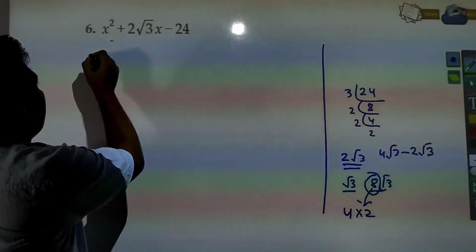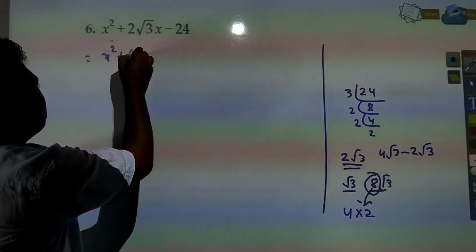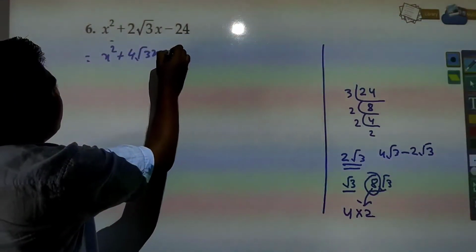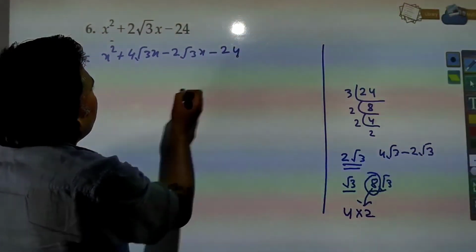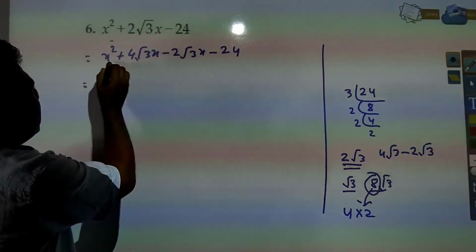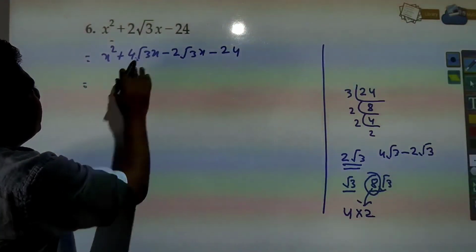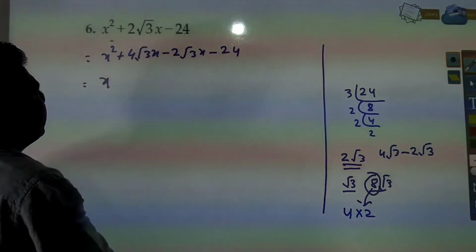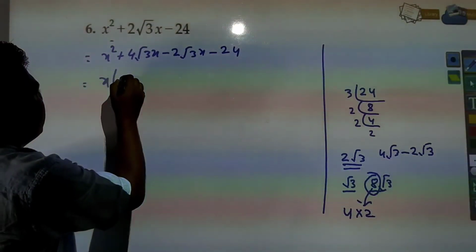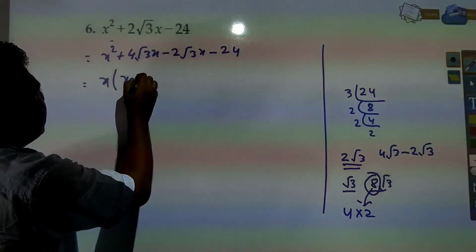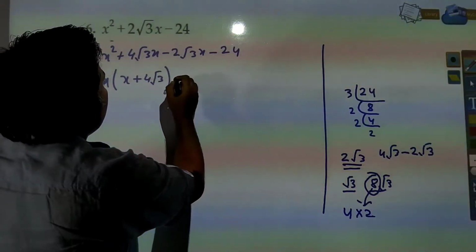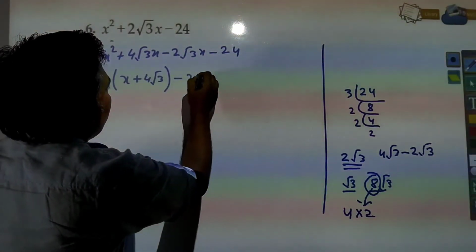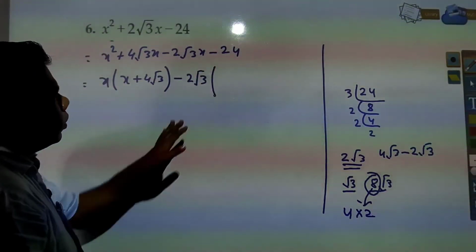So here we will write x square plus 4 root 3 x minus 2 root 3 x minus 24. And in this term you see, x you will have common, and you will get x plus 4 root 3. And here if you are taking out common minus 2 root 3, then what will you be left with?